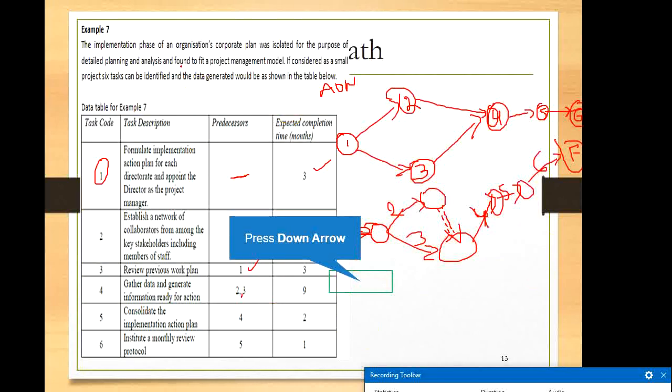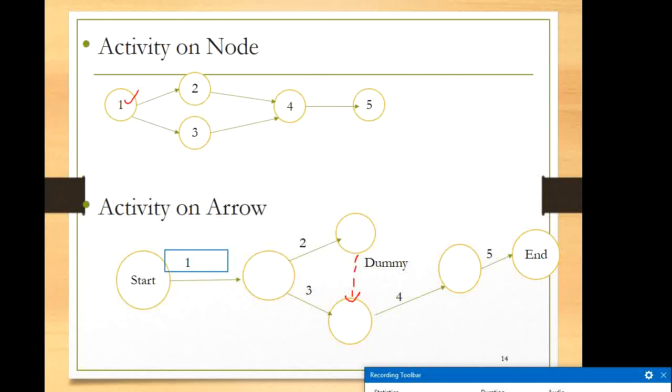For the same example I am given a network diagram here. Activity 1 is the start, then 2 and 3 commence only after completing activity 1, then 4 commences only after completing 2 and 3, and 5 commences only after completing 4. Here you can see this is activity on arrow.